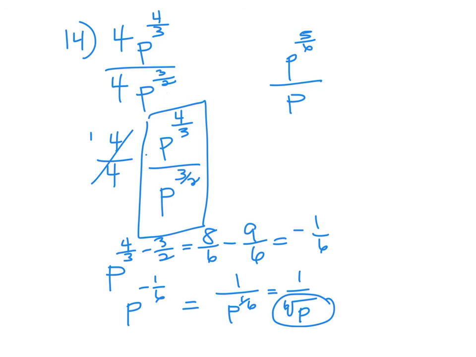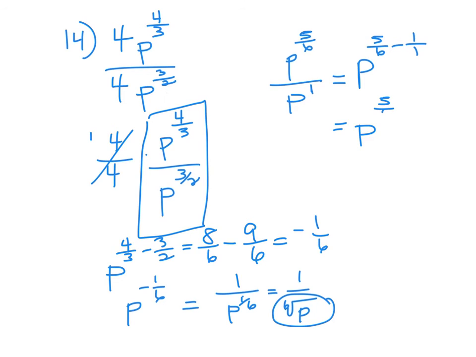Now p is the same as p to the 1. So if I were to simplify this, it would be the same as p^(5/6) subtract 1 over 1. And then we need to have the same denominators in order to subtract.